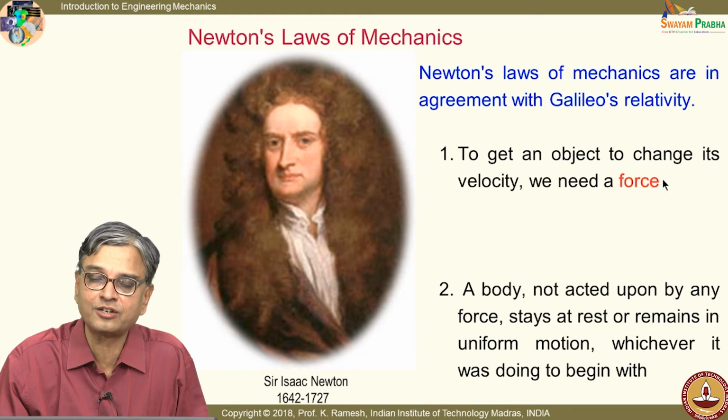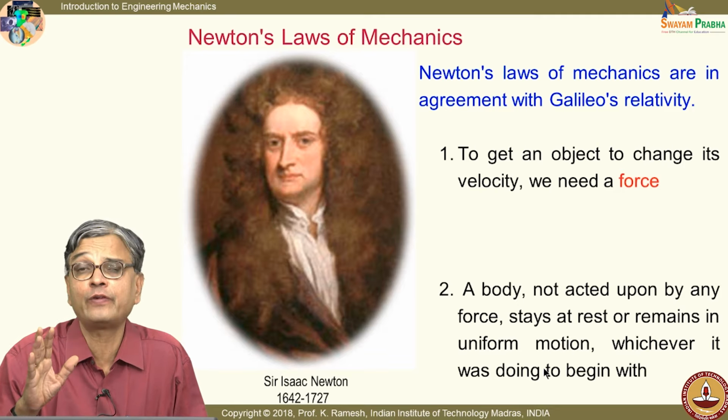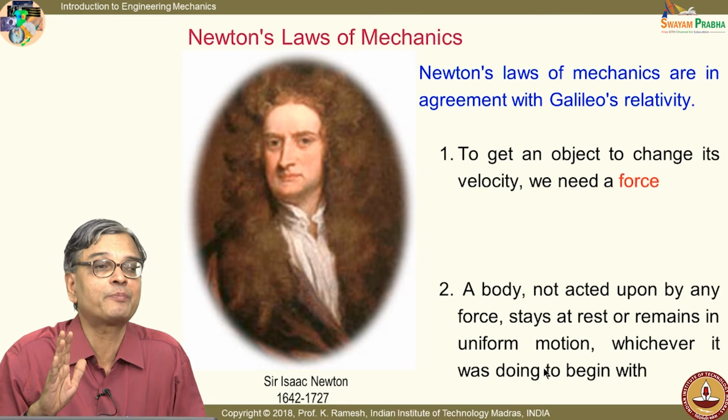To get an object to change its velocity, we need a force. The other statement is, a body not acted upon by any force stays at rest or remains in uniform motion, whichever it was doing to begin with. Very, very important statements in the development of mechanics.